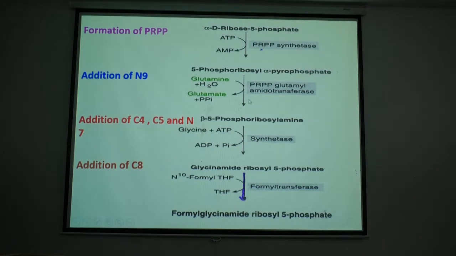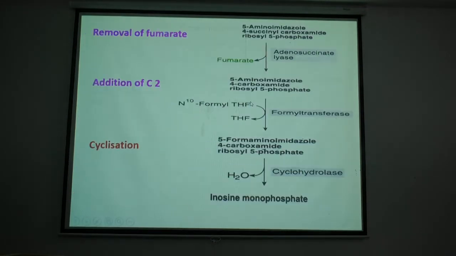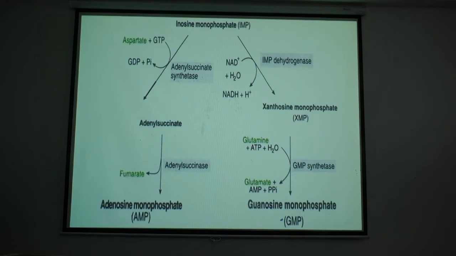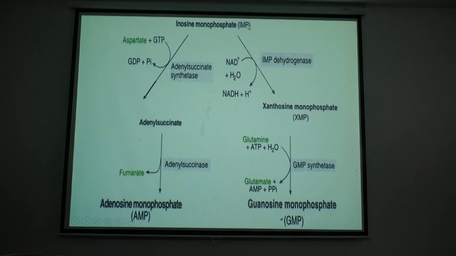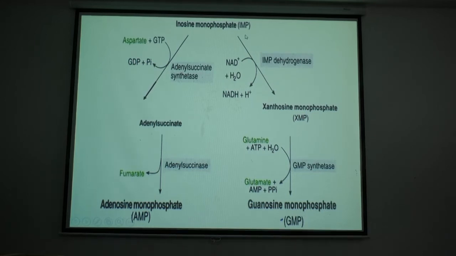These we have already discussed. IMP sometimes may come as a short note: inosine monophosphate. From PRPP, IMP will be synthesized.